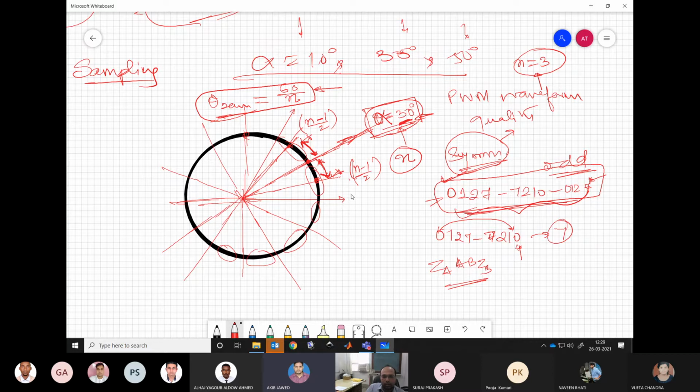Which is why we get one sample at 10 degree and another sample at 50 degree. So we are maintaining some symmetry. If you check the other sector, the next sample will be 20 degree apart from the previous sample. That is how we evenly distribute these samples in the whole fundamental cycle.